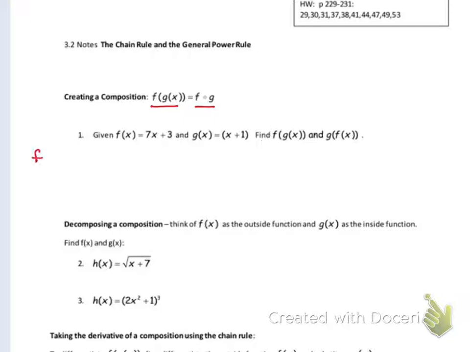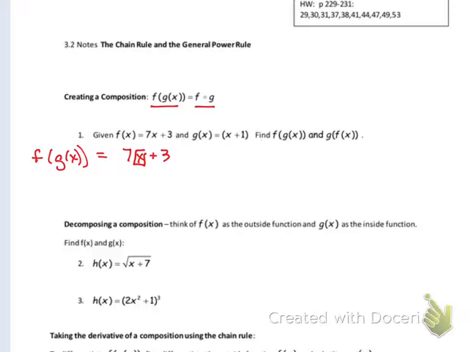So to find f of g of x, this is what I would recommend that you do. Since f is first, write down the f function. Then wherever you have an x, you're going to replace that with the g of x function.